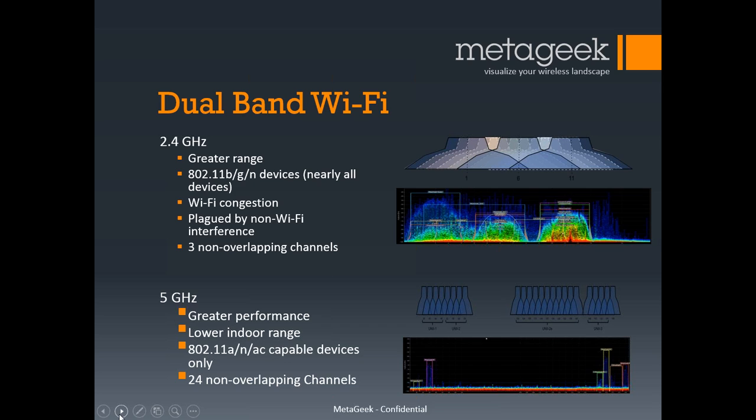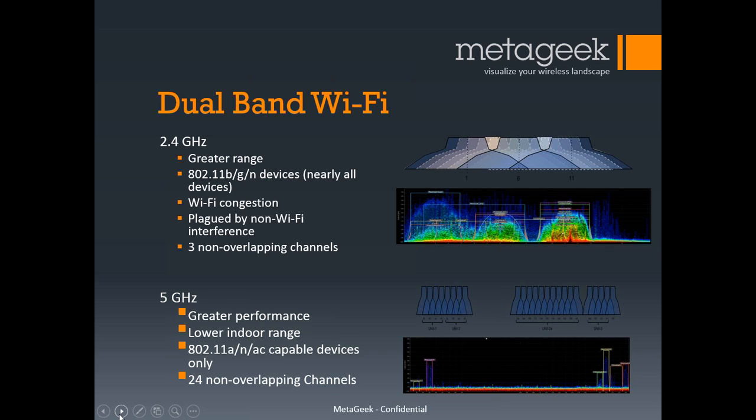It's a newer technology. People don't understand it as well as 2.4 gigahertz, and the actual hardware around 5 gigahertz is newer, so it's slowly being adopted, not as fast as we would like, of course. We are Wi-Fi evangelists. We like to extol the virtues of 5 gigahertz. You do need more APs because the range is shorter, but that's good because you can keep your cell sizes small and eliminate interference between APs.